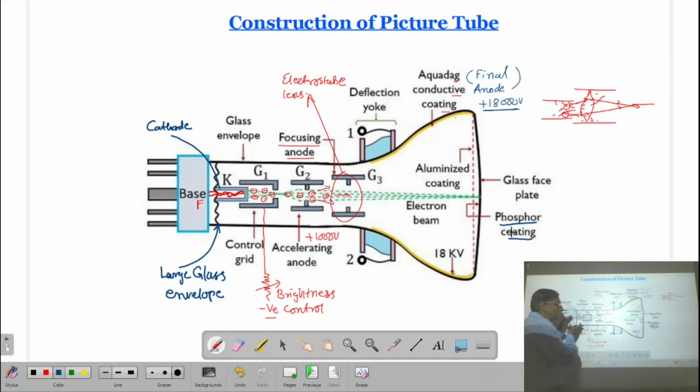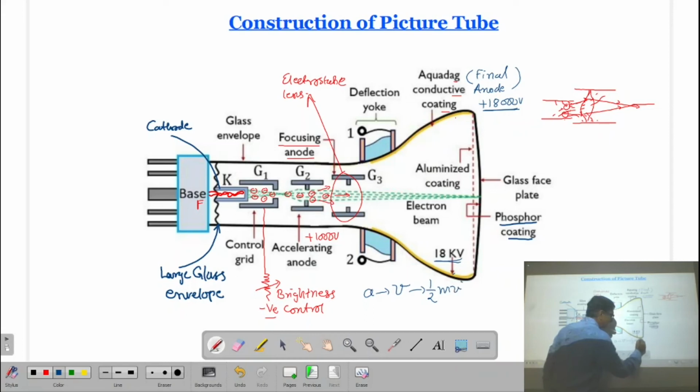So when these electrons come out from all these electrodes, they are accelerated toward the screen by applying 18,000 volts. As I just mentioned, when the electron is accelerated, that increases the speed of the electron and its kinetic energy. So the energy of the electron increases and it has sufficient energy.